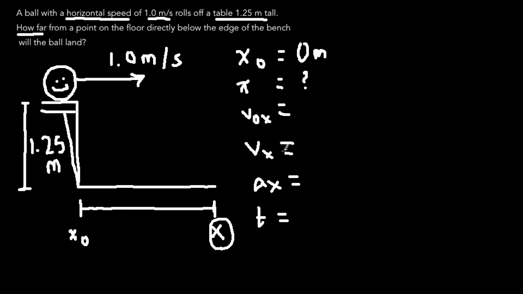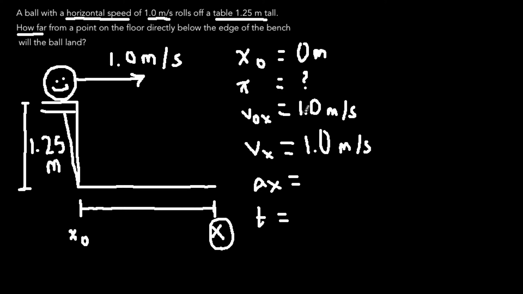So that's the question. v naught x is 1.0 meters per second, and this is something you've got to know: when you have an object in this case that has a horizontal velocity, that portion is going to stay constant, assuming there's no air resistance.